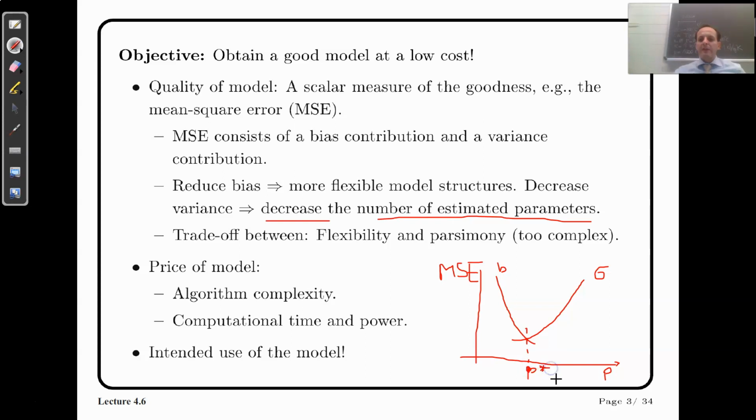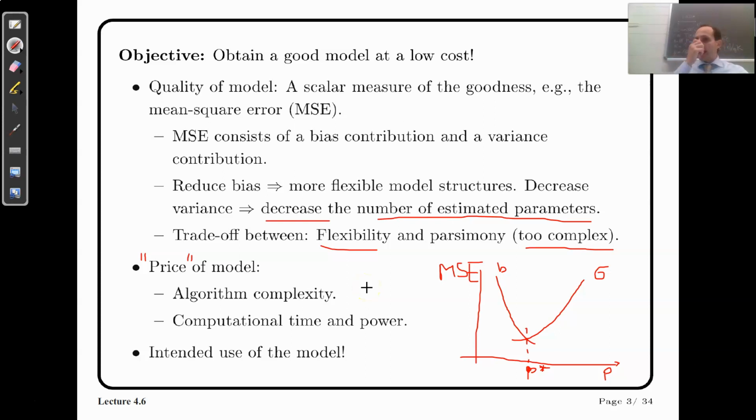So P star means that we have an optimal number of parameters. It represents a compromise, a trade-off between a model that is not too complex and is flexible enough. Of course, we should also say something about the price of the model. In one case, it leads to considering the algorithm complexity.